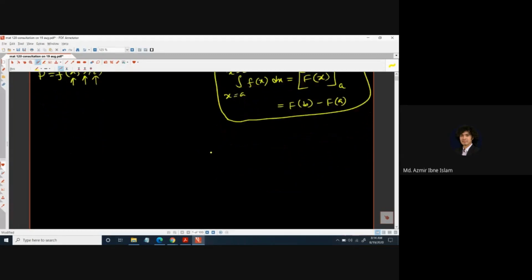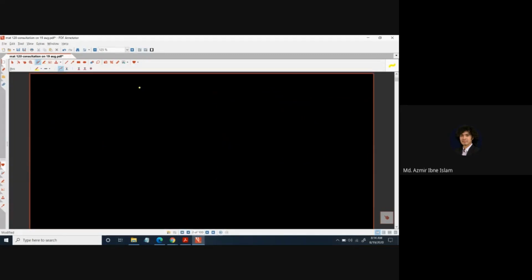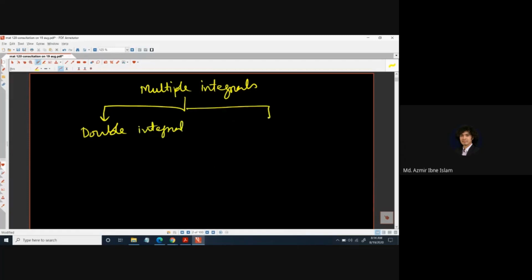So multiple integrals can be thought of as double integrals and triple integrals. In double integral, there will be 2 cases.